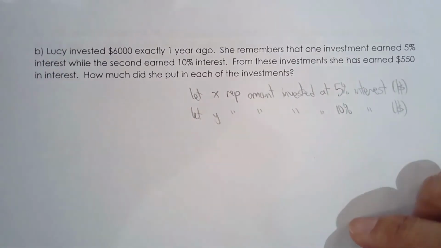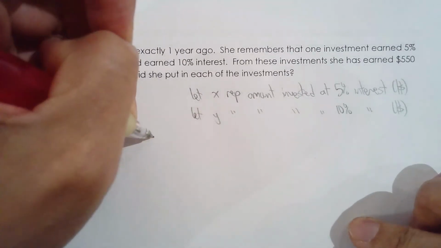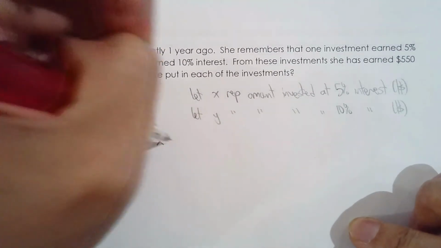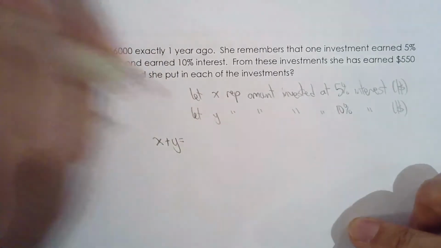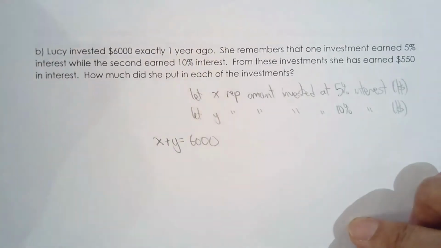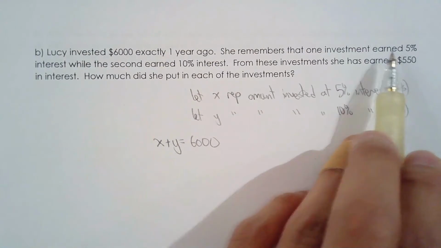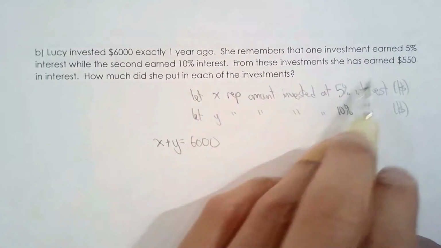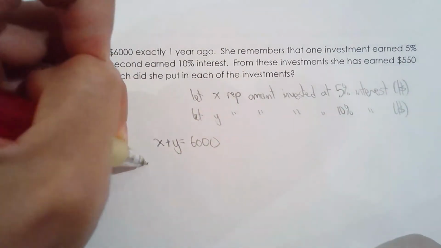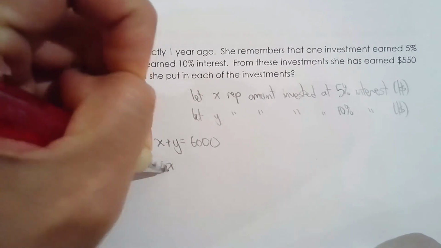Now the first equation, I think the easiest one, is X plus Y, the total amount invested, is $6,000. Beautiful. Now the second equation is a little harder than the first one, but hopefully you can see that the first investment earning 5% is 0.05x.